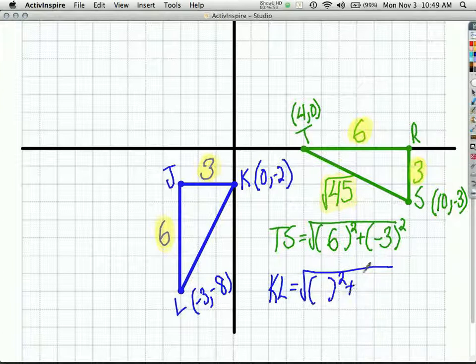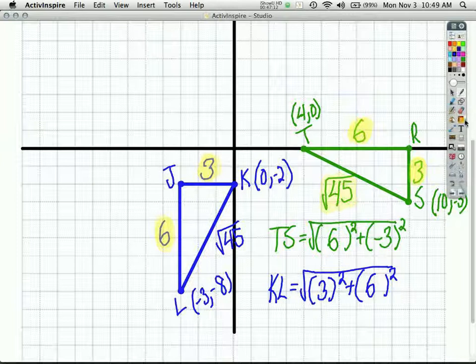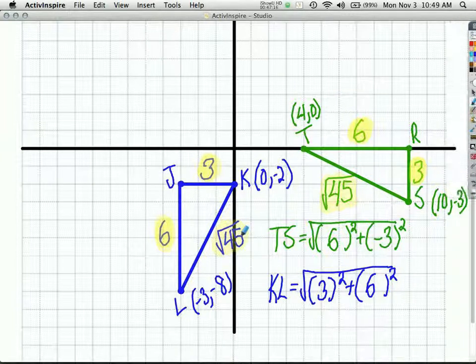Differences of the x's, differences of the y's. 0 minus -3 is 3, and -2 minus -8 is 6. And I can already tell it's going to be the exact same thing. This is going to be radical 45. And so we get the exact same distance for the third side.